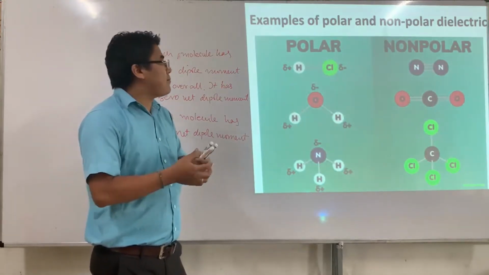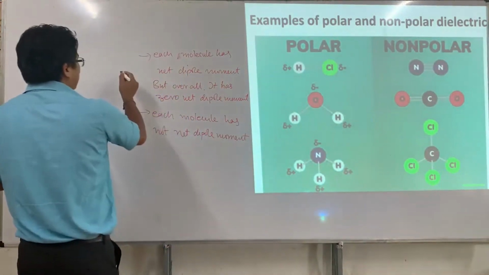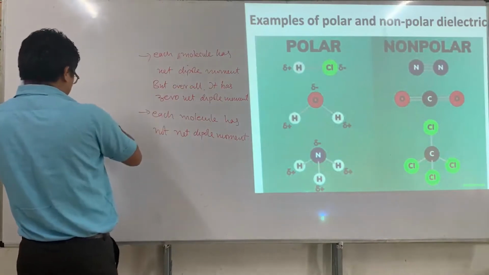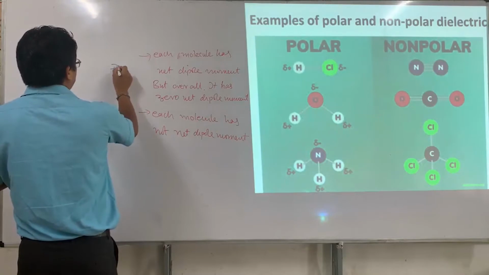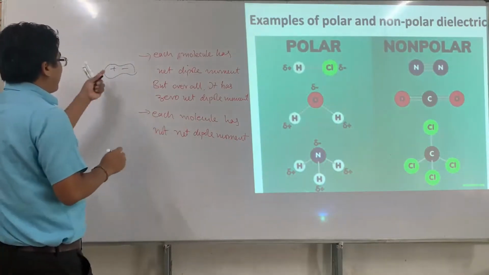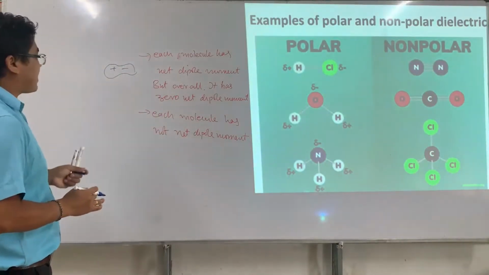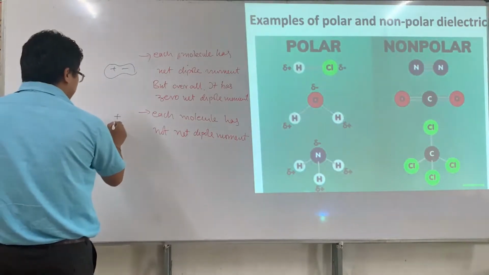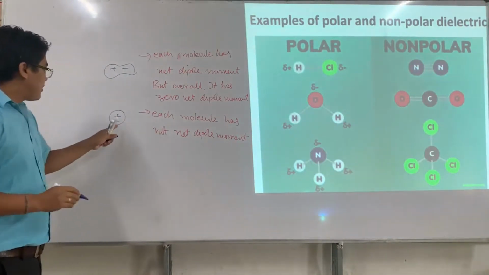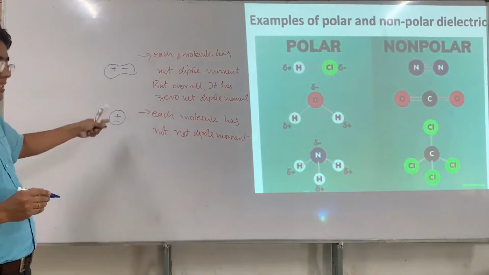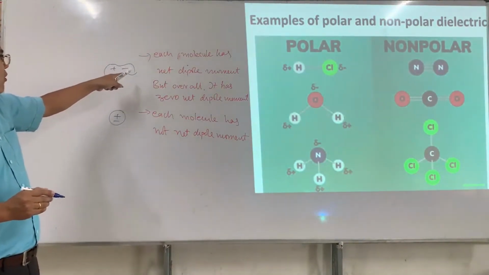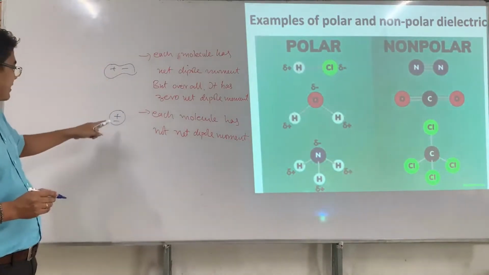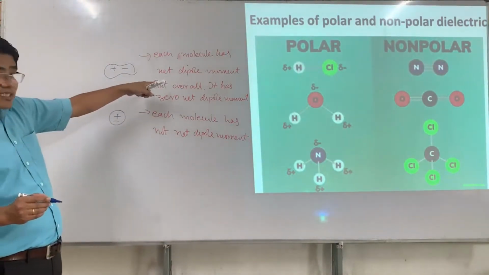So this is how we represent it. This is a polar dielectric. There is a separation of positive and negative taking place, and this is a non-polar. There is no separation. They coincide. For the polar one, the centers of positive and negative don't coincide, and therefore each molecule has a net dipole moment.